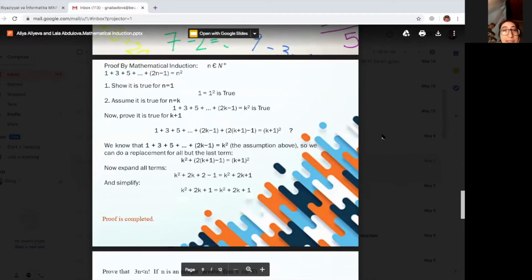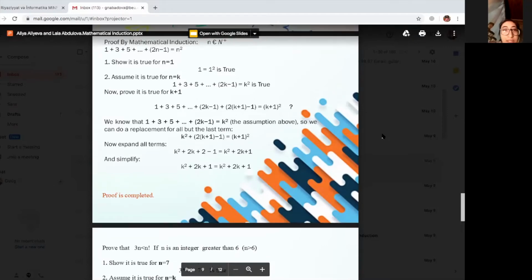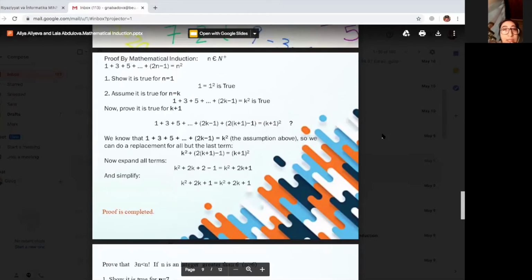Let us look at the example. We must prove by mathematical induction that 1 plus 3 plus 5 plus and so on plus 2 times n minus 1 is equal to n squared, where n is a natural number. Firstly, as I said on the previous slide, we must look at the first case, n equals 1.